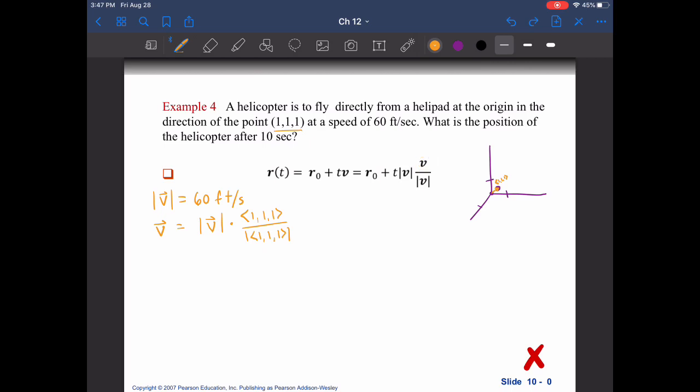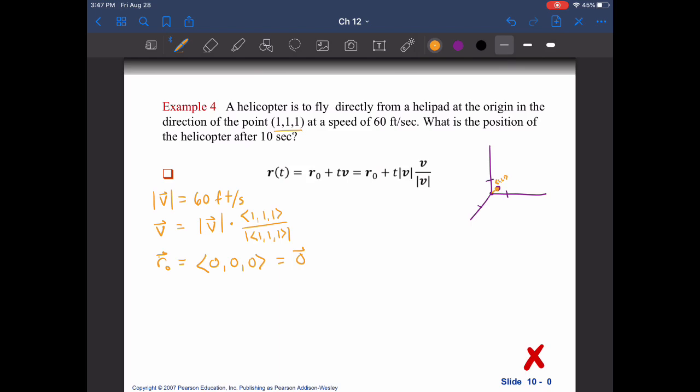This is what we wanted. And then what we can do is say, what is the position after 10 seconds? Now this is flying directly from the origin, which means a point on this line directly through the origin. We can just go ahead and say r naught, right? This r0 vector is the 0 vector, because it's going through the origin.